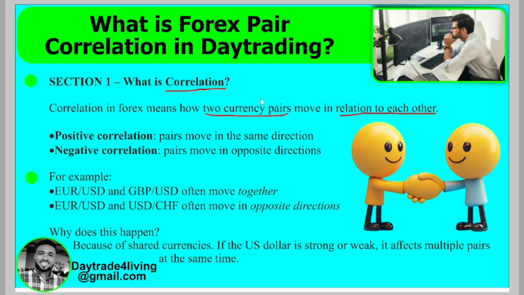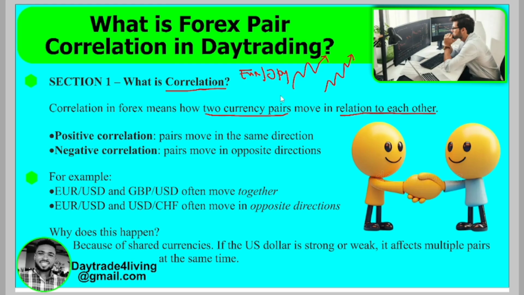Let's name any currency pair at all. Let's say Euro JPY. Let's say this is a pair, and this pair is moving in this direction. And there is another pair which also moves in a similar or the same direction at the same time.